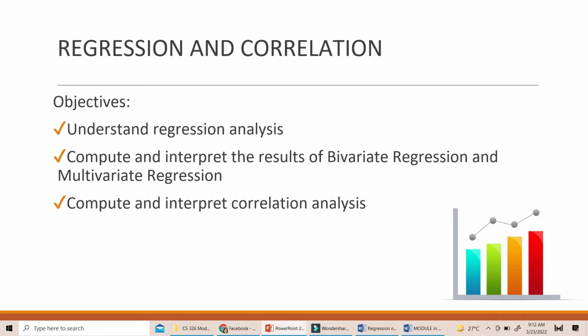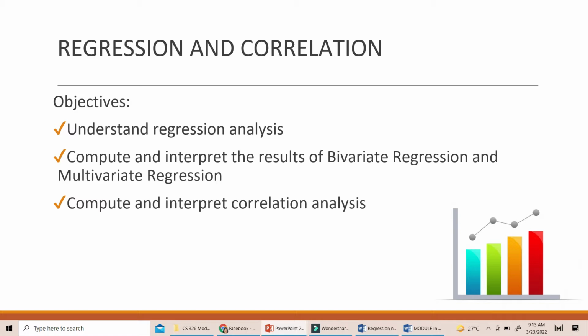We also have to compute and interpret the results of bivariate and multivariate regressions, which are the types of regressions, and compute and interpret correlation analysis. There are examples almost at the end of this presentation for you to understand the real data scenario.